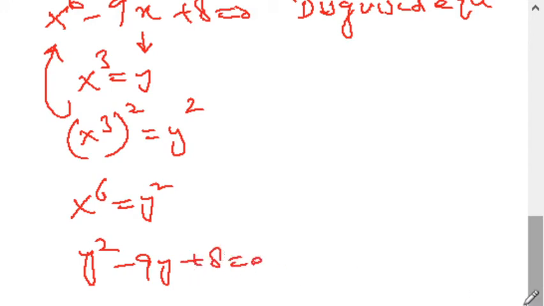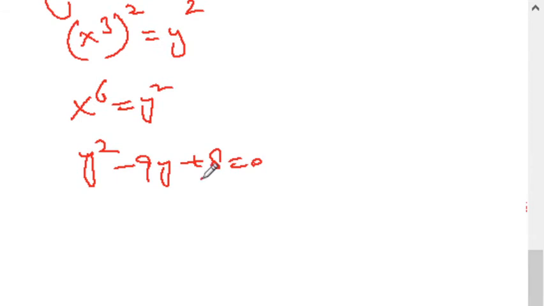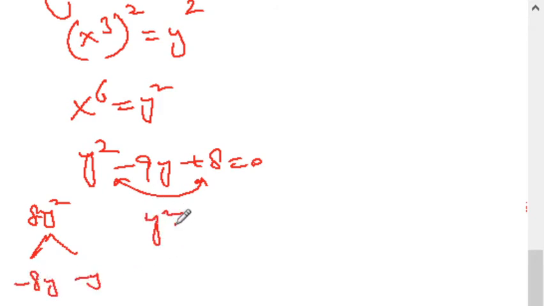Now factorize this. Search two things whose product should be 8y square, but if we add them we get minus 9y. So minus 8y minus y. So y square minus 8y minus y plus 8 is equal to 0.